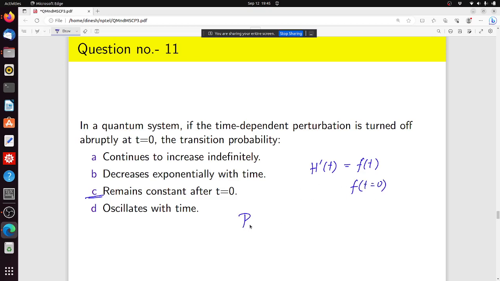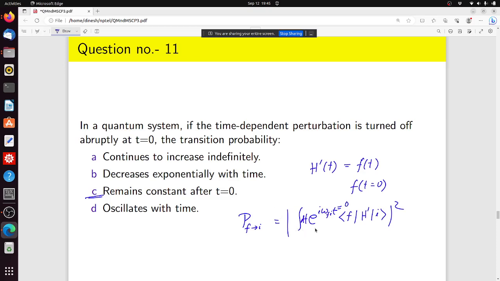Remember this probability formula, P of fi, it's the integral of e to the power i omega fi t times f H prime of t i. So it's saying t equal to 0 now.